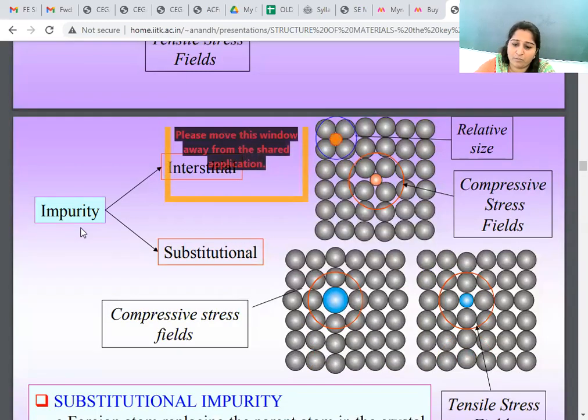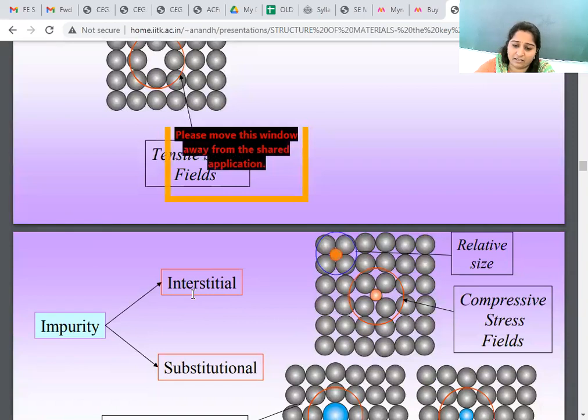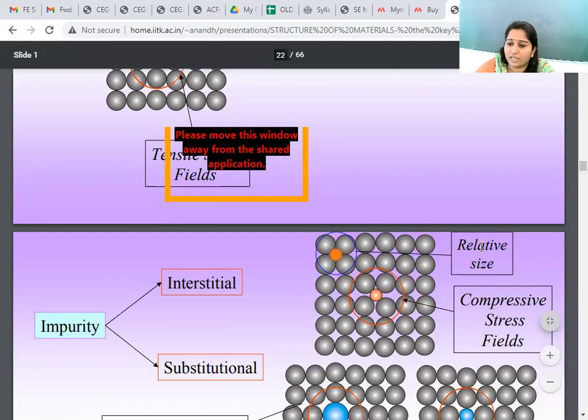Now impurity. There are two types of impurity present in a crystal structure: interstitial and substitutional. Interstitial means a foreign atom is placed in between the gaps of the crystal structure.